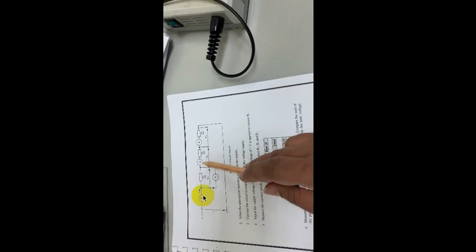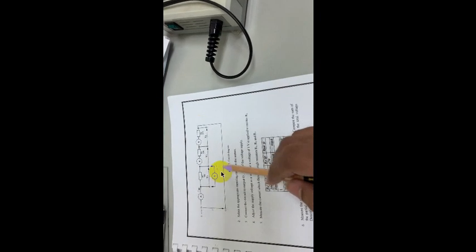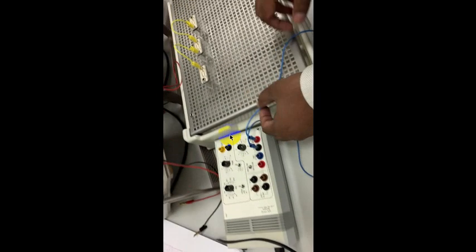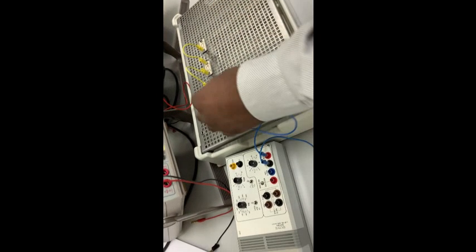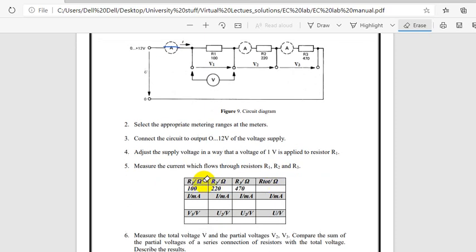Now from 0 to 12 volt I will connect the ammeter and voltmeter in parallel. This is the tabular form, you can see here, R1, R2 and R3.